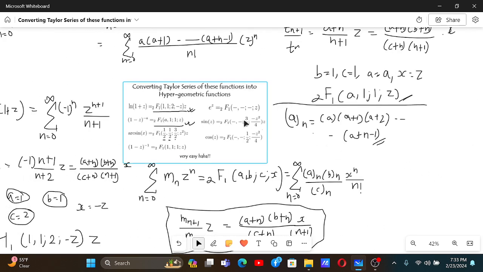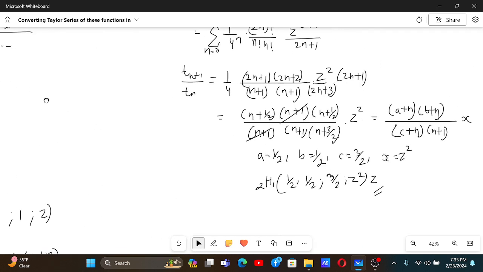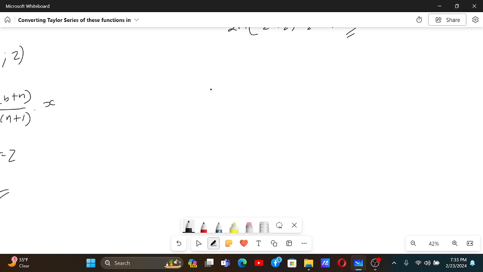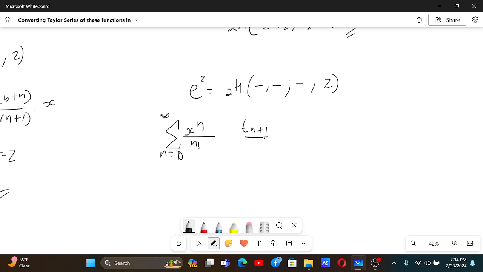For e to the power x, it's dash dash dash z. Okay, so for e to the power z, it's 2F1 of 1 dash dash dash z. Its sum going from n equals 0 to infinity x to the power n by n factorial. So the ratio is x by n plus 1.